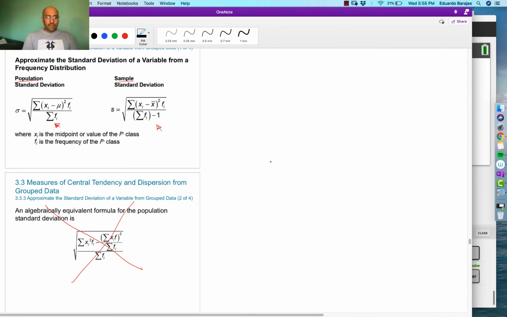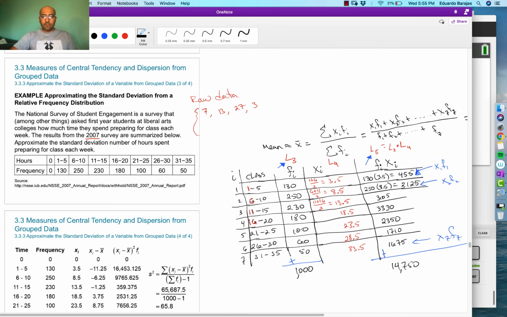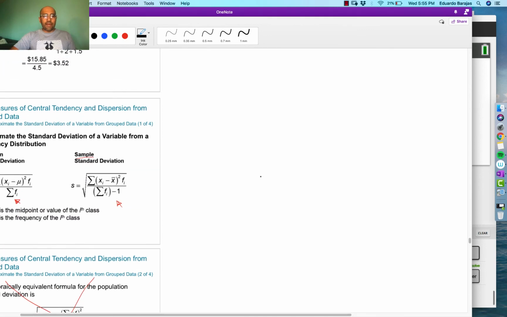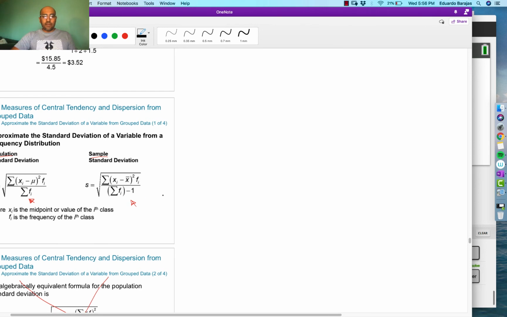So I'm going to create tables. I'm going to create lists again. I'm going to recreate that table once again, this time to figure out the standard deviation. And this is a sample standard deviation of my sample.